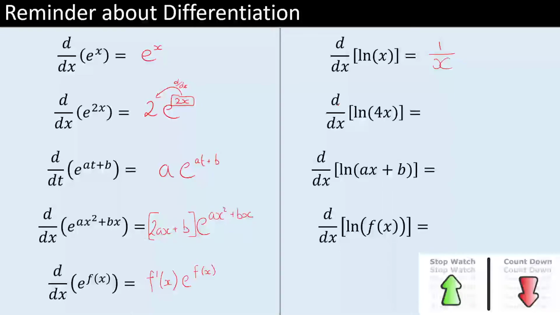So if we've got the derivative of ln of 4x, what we actually had was something over 4x, but what was that something? Well, that something is the derivative of the function that's inside the ln brackets.